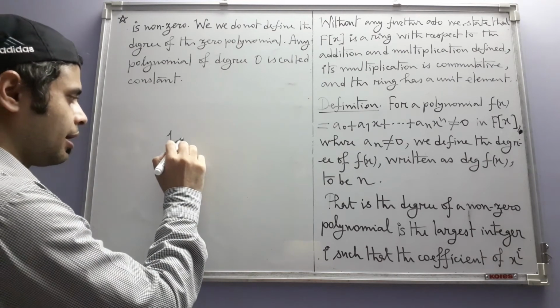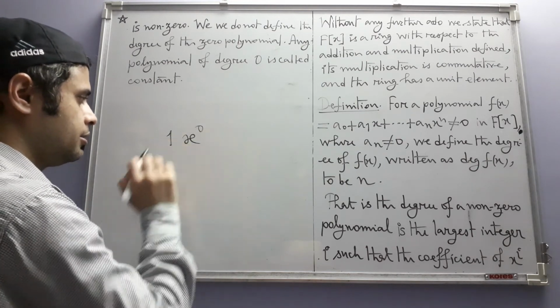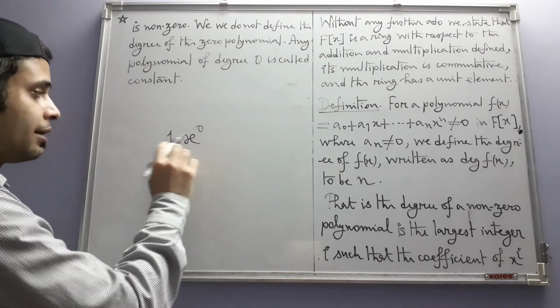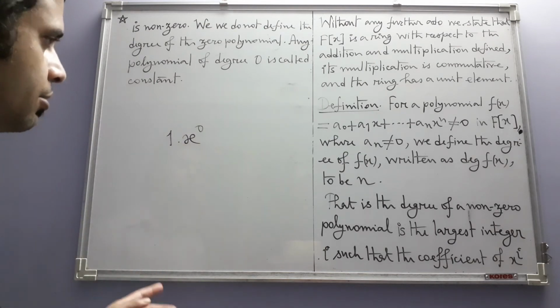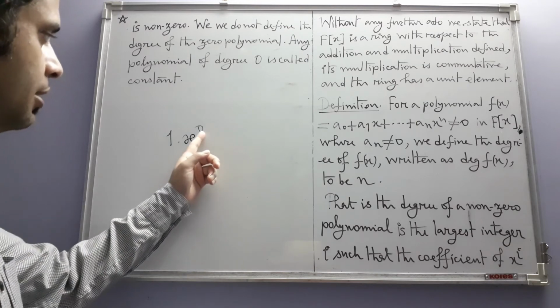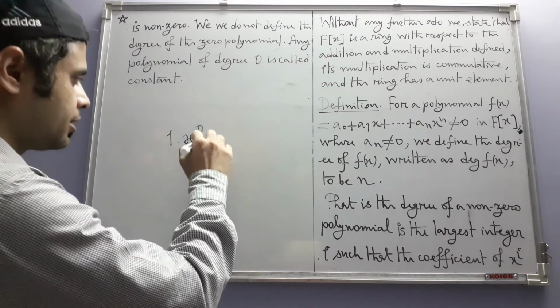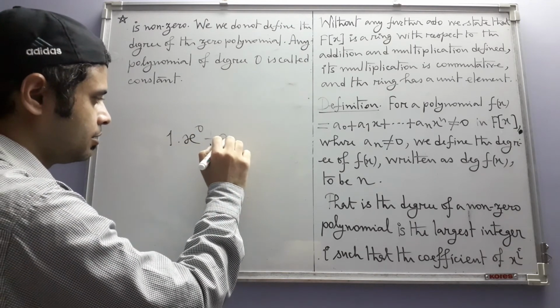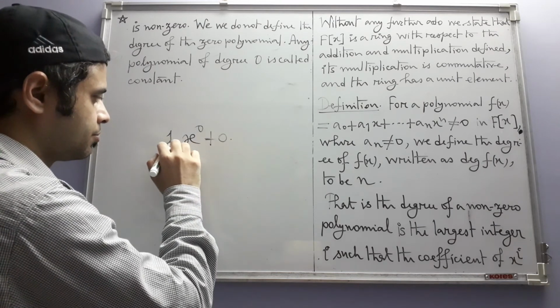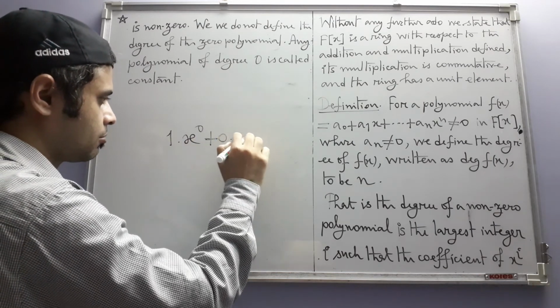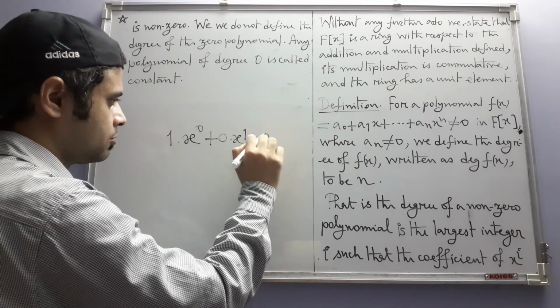There, the largest integer i for which x to the power i has non-zero coefficient is 0. After that, all the coefficients are zero.